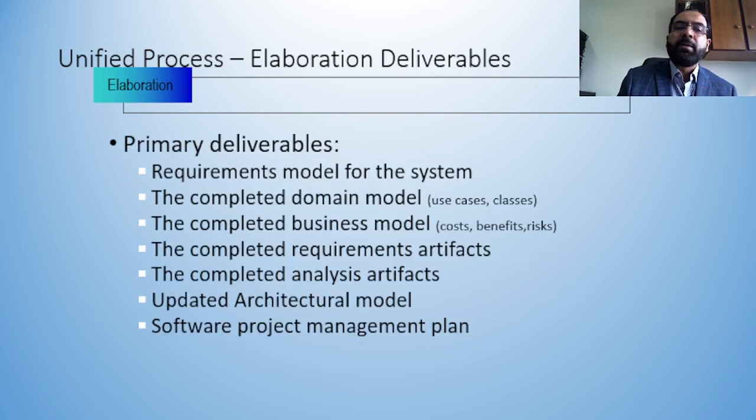The primary deliverables, what are the outputs you can say, or deliverables of the elaboration phase? Requirement model for the system, the complete domain model, which includes all use cases, classes, complete definition of use cases, classes, and the complete business model, where you need to know about the cost incurred for the development and installation, deployment, connectivities and everything, benefits, risks which are associated with it, complete requirement artifacts, analysis artifacts as well, and architecture model.